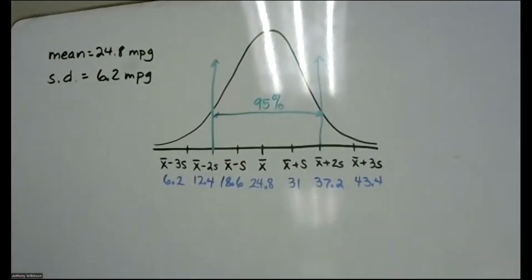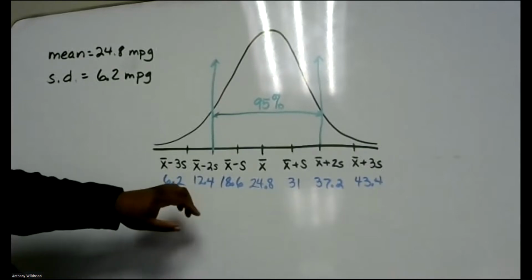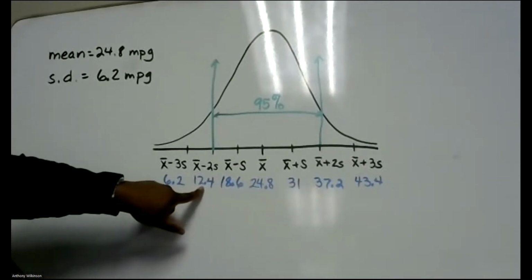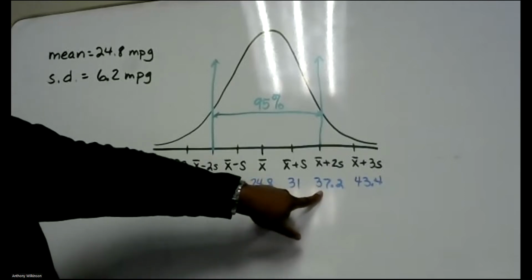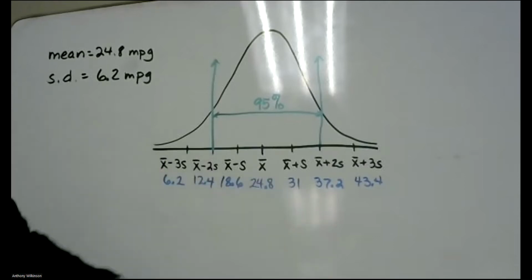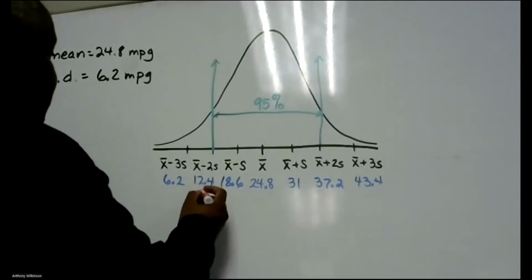of the data values. So in this case, what will be the range of values that's going to represent 95%? Right. 12.4, that's 2 standard deviations below, and 37.2, that's 2 standard deviations above. That range represents 95% of the data values.